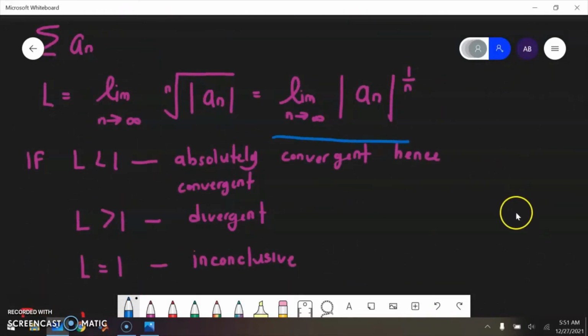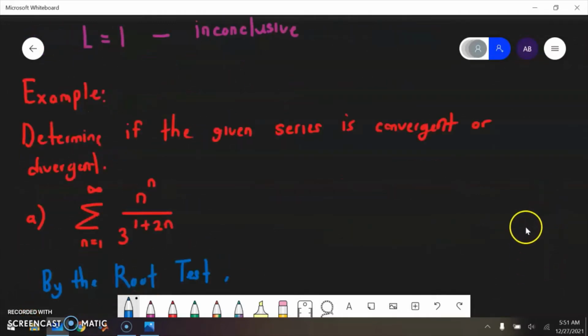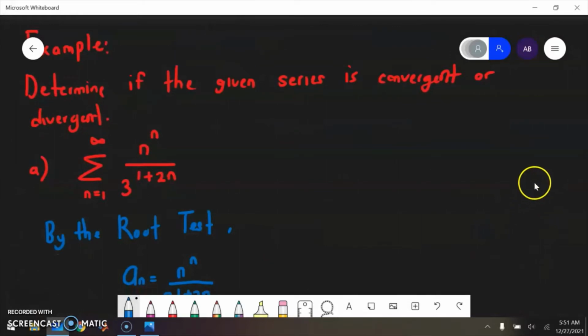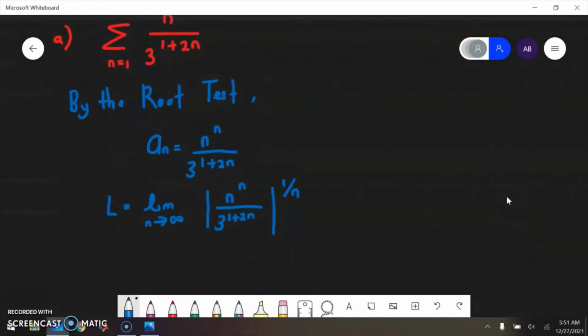So when you have a term or a series to the power of n, it is good to use the root test, because you can cancel out the n power here. One of the n powers can be cancelled out. So simplifying this term, we raise everything to the power of 1 over n.